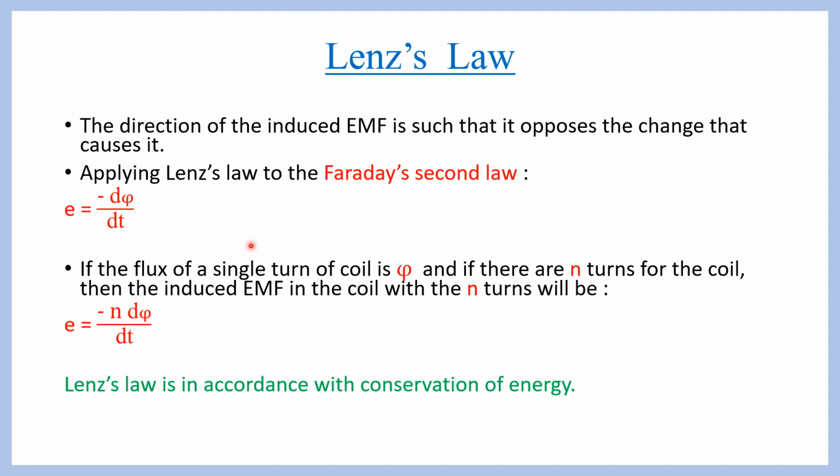So the EMF induced in the coil, which has n number of turns, will be represented as E is equal to minus of n into d phi by dt. Now you know Lenz's law is also in accordance with the conservation of energy. We will see that next.